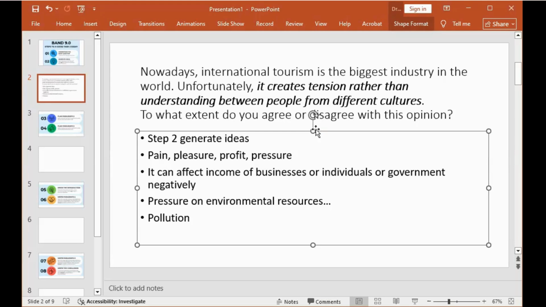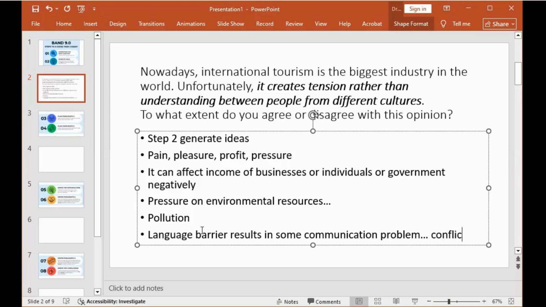Because of differences in cultural beliefs, values and practices, and the language barrier, there may be a communication problem. And this can lead to what? Conflict. That's another angle you can look at it from. And if there's conflict, that can cause pain for some people. Do you get my analysis?